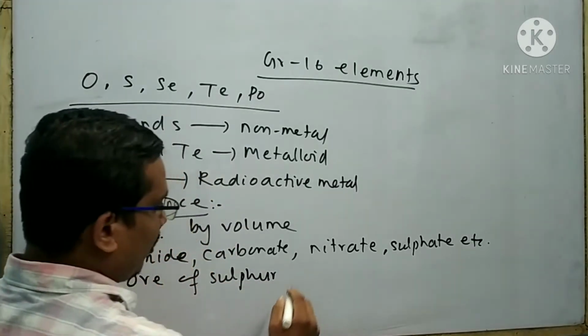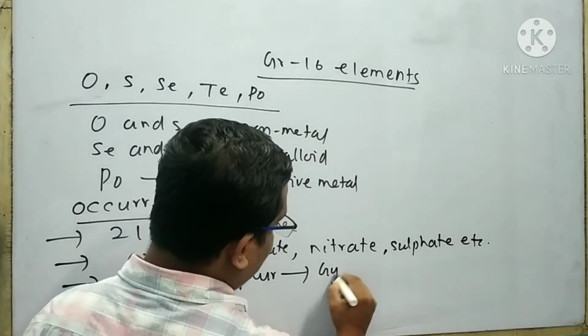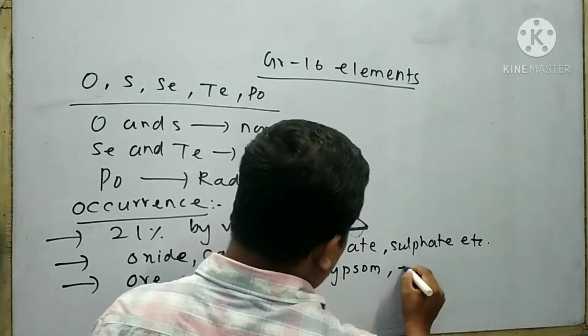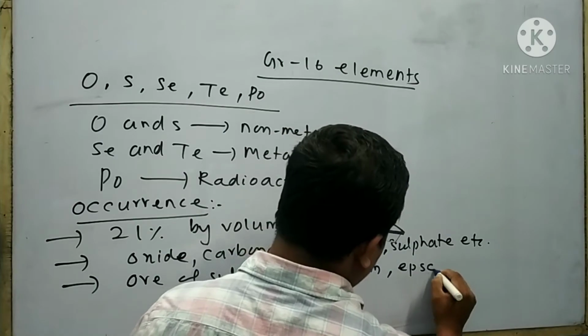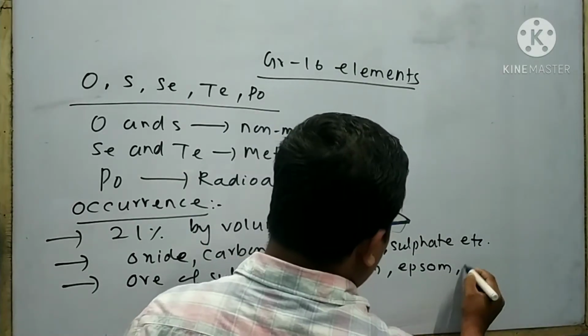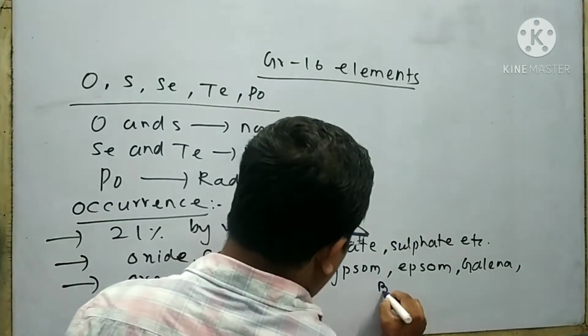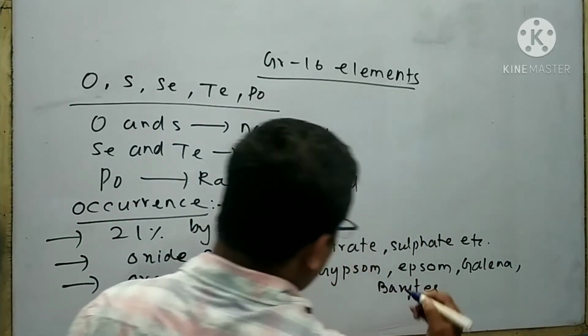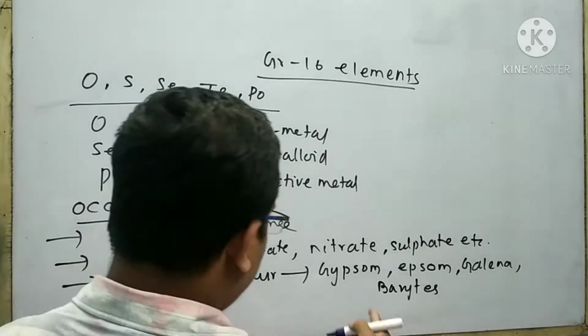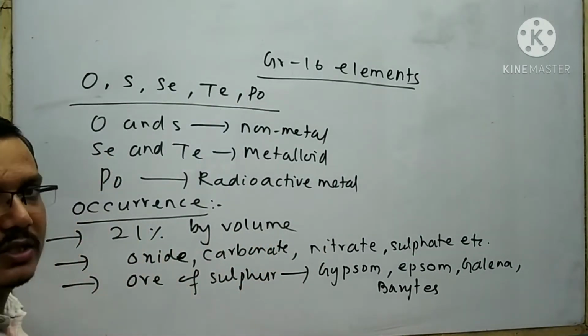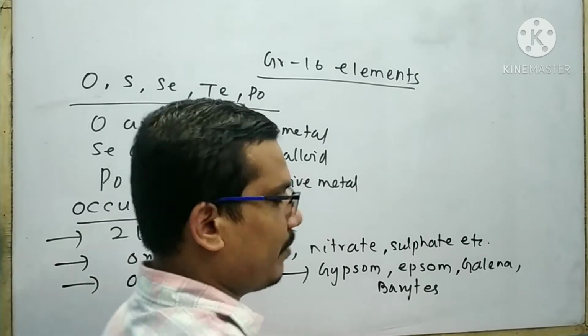The different ores of sulfur are gypsum, epsom, galena, barytes. These are the ores in which sulfur is found.